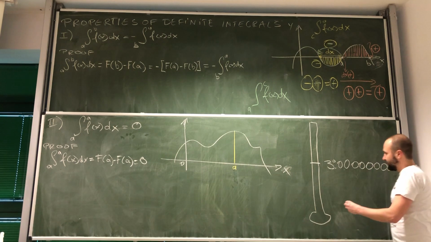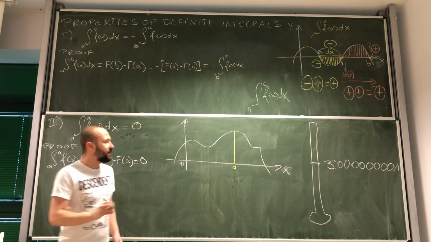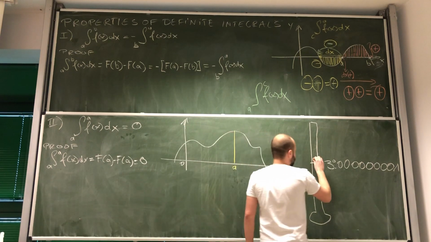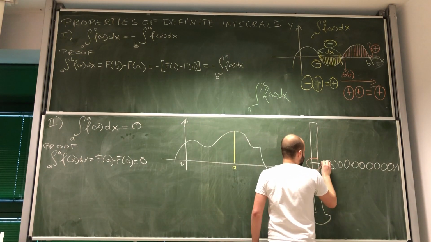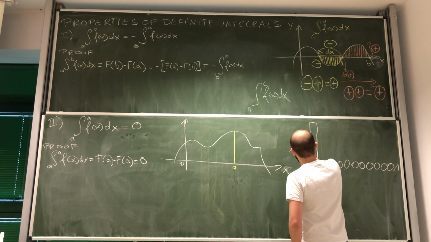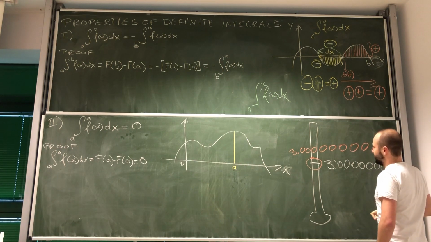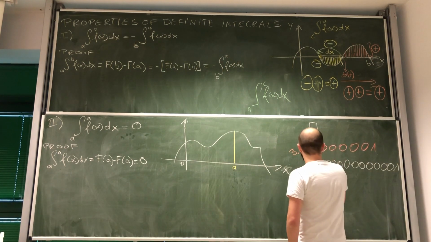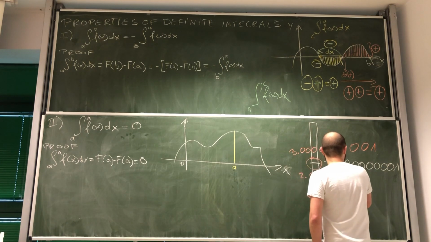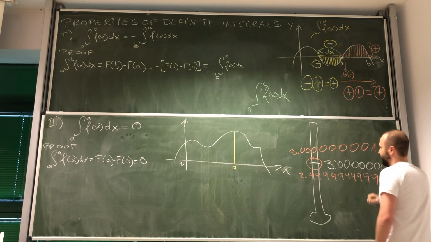Look, how many points exist between 3.0000001 Celsius and, let's just say, 2.99999999999?